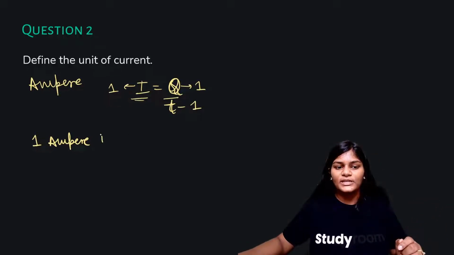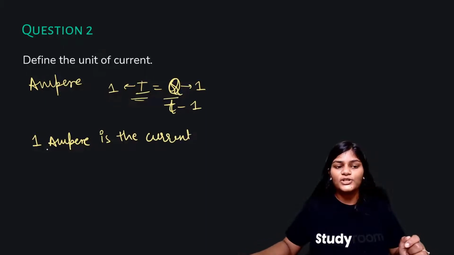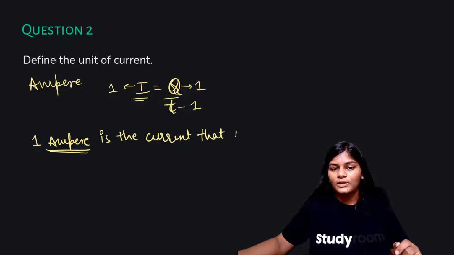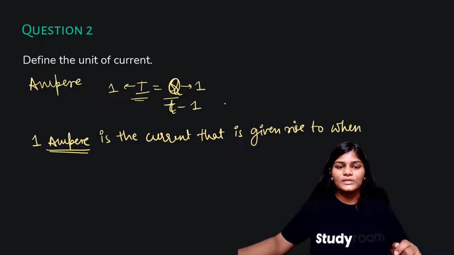So 1 ampere is the current that is given rise to, or generated, when what happens?